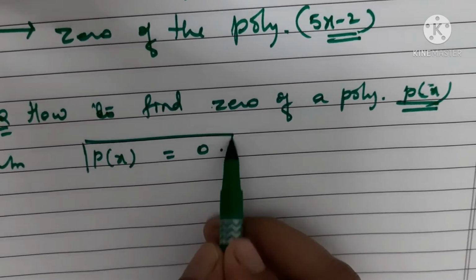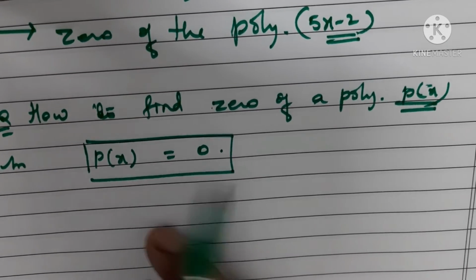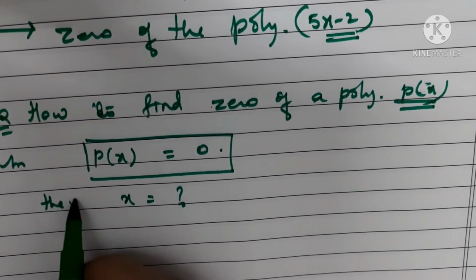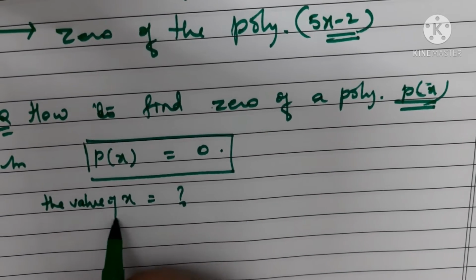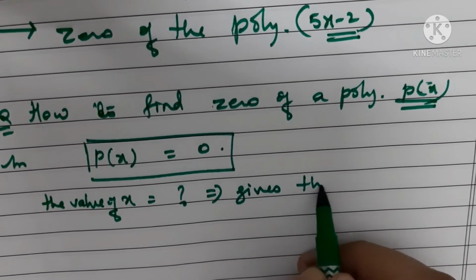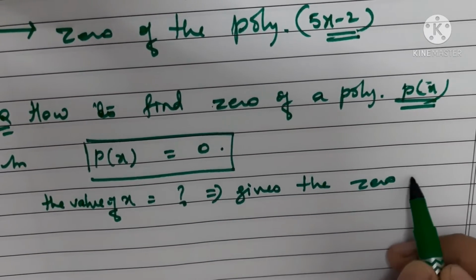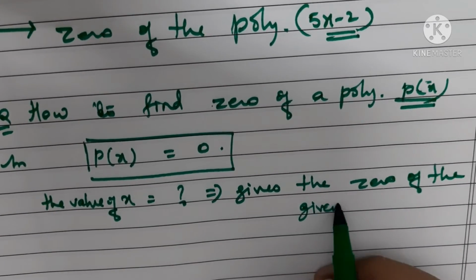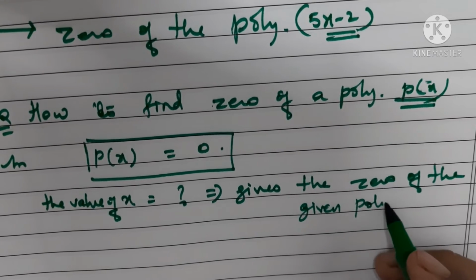We equate it to 0, and whatever value of x comes, that value of x gives the 0 of the given polynomial.